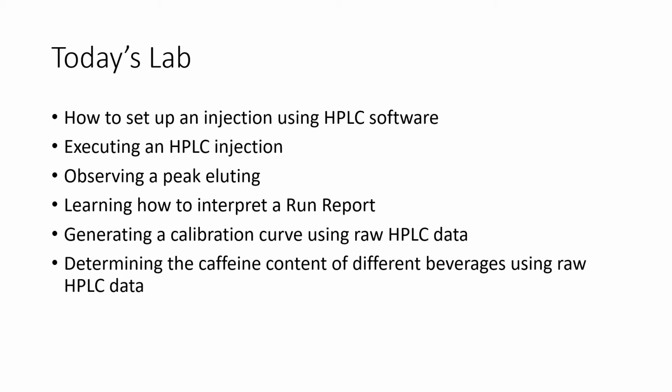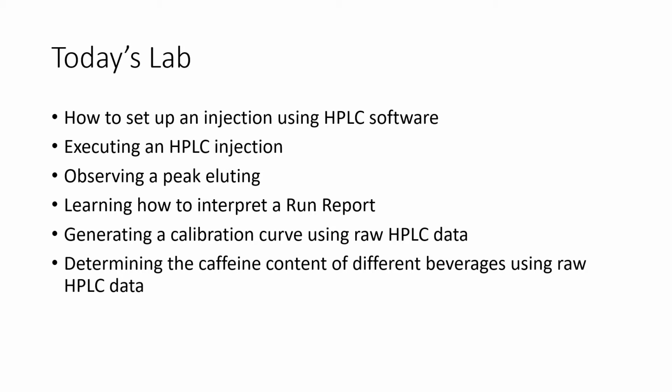Every time you run a sample, you'll have some sort of data generated in some sort of report. It'll be a graph of our peaks, and then a table of retention time and area, and we'll cover how we're going to use that data to find the concentrations in our standards and in our unknowns. Then for your lab, you're going to be generating a calibration curve using raw HPLC data that we'll provide you.